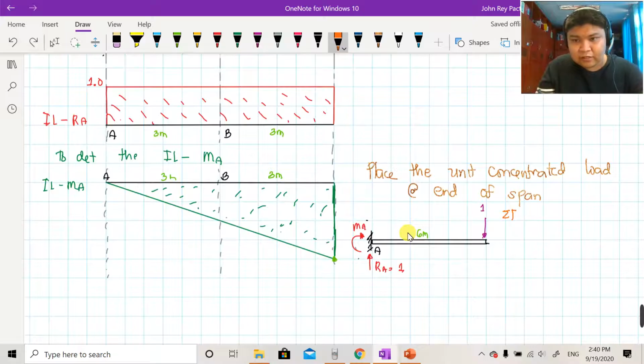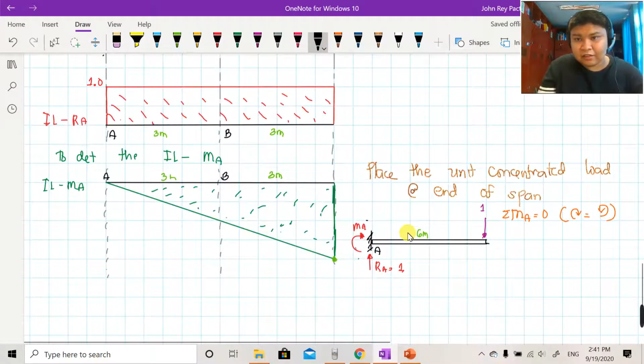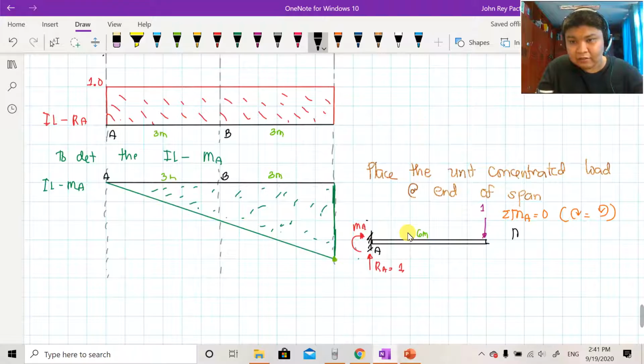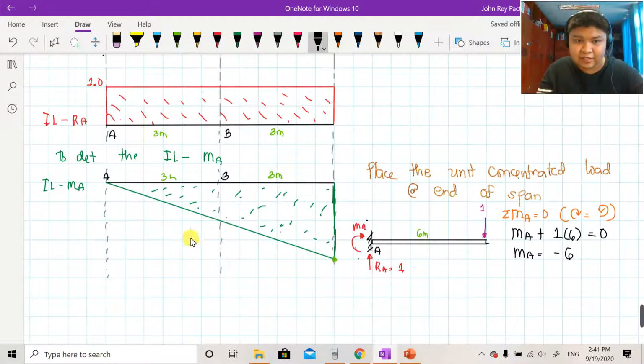Summation of moment at A equals 0. Clockwise moment equals counterclockwise moment. In this case, our clockwise moment is the same. Moment at A plus the unit load multiplied by 6 equals 0. Therefore, the moment at A is equal to negative 6, which is expected to be negative because, of course, it's below.